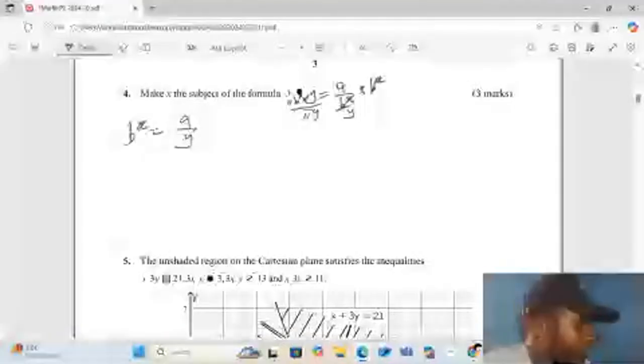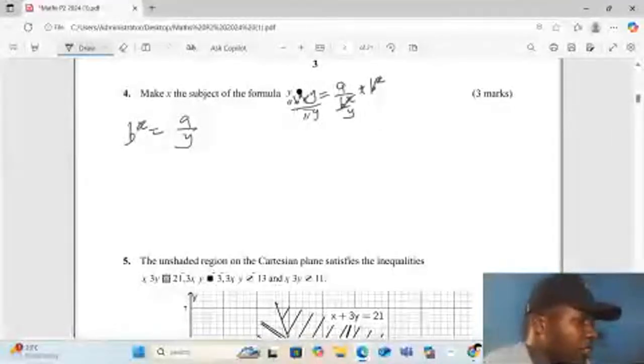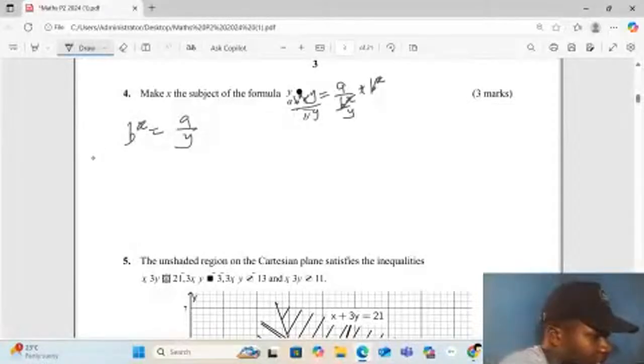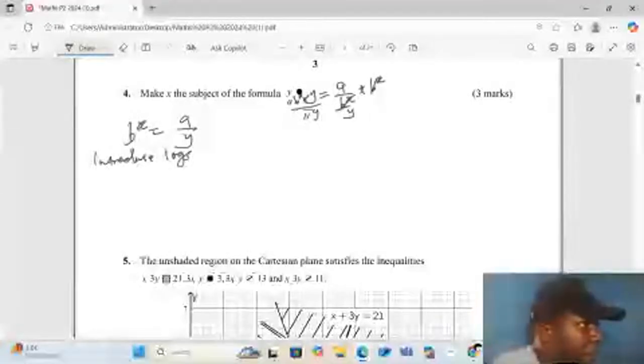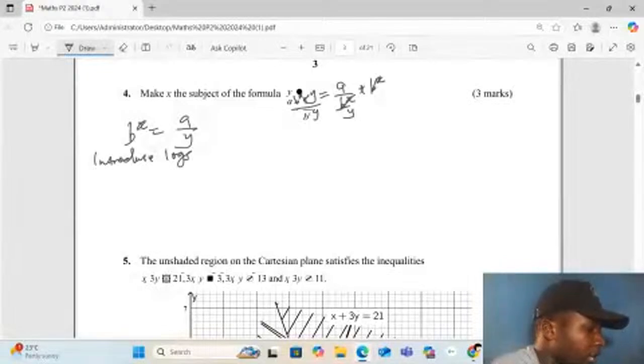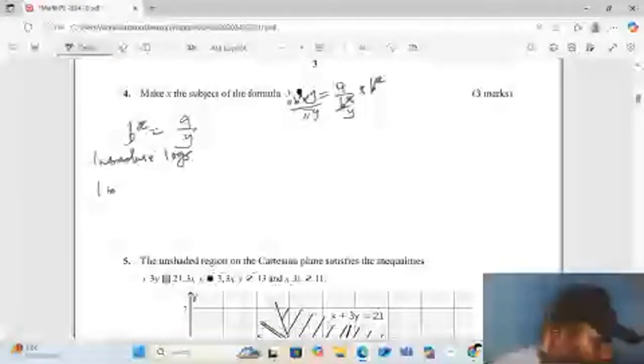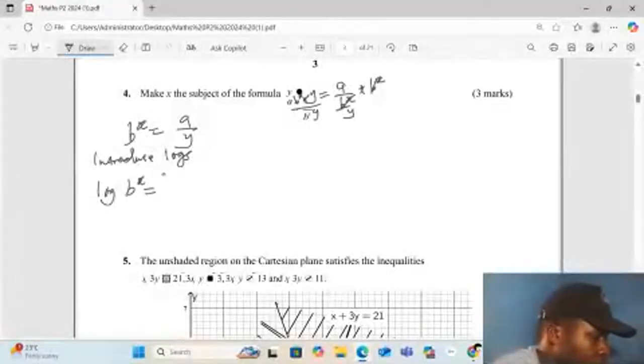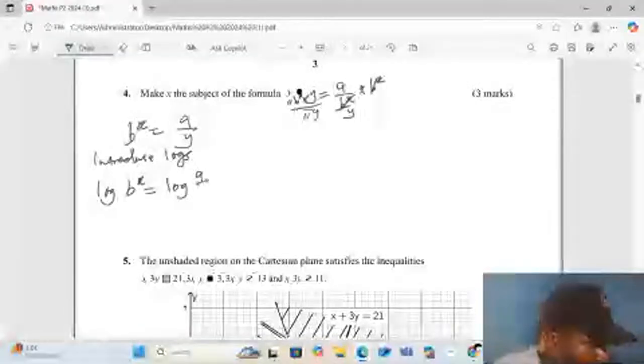That's it. Then we can now introduce logs. When you introduce logs, we are going to have log b power x equal to log a over y.